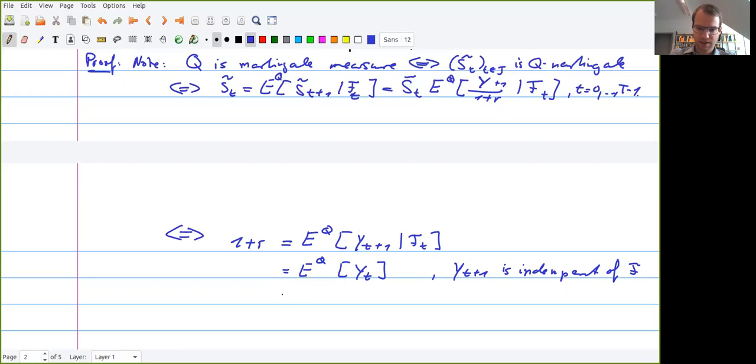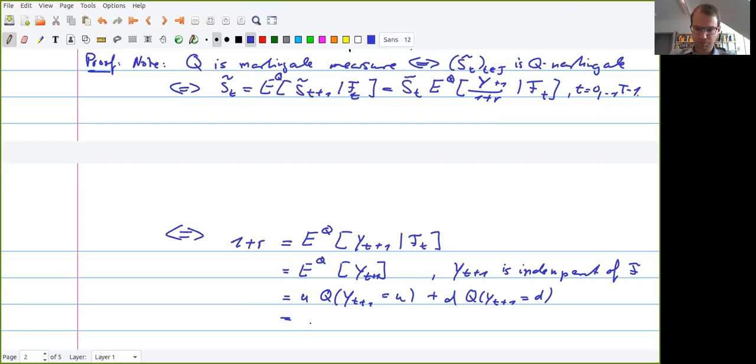And what is this? This is a random variable which can take only two values. It takes either the value u with the probability that Y_{t+1} is equal to u, and it takes the value d with the probability that Y_{t+1} is equal to d.